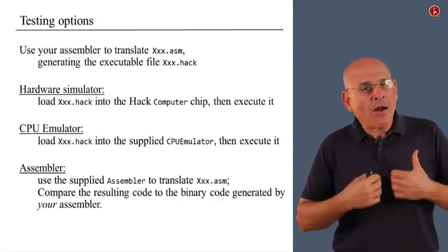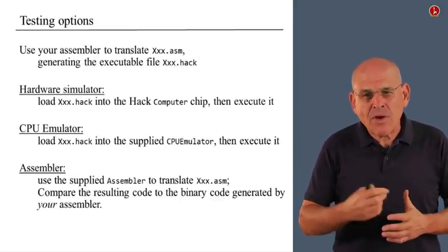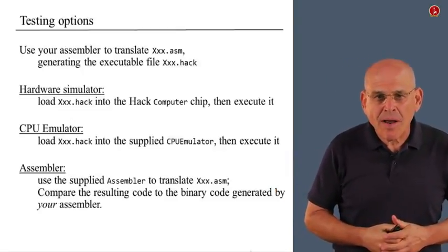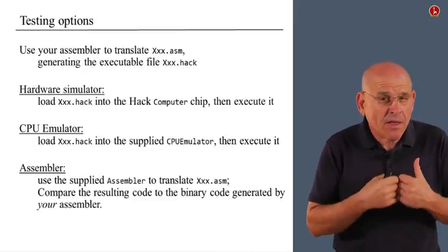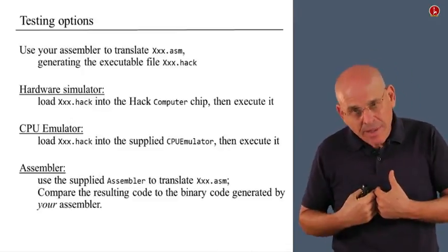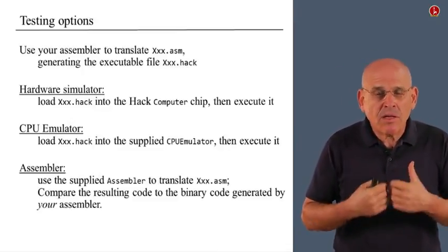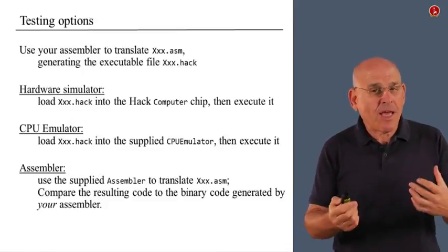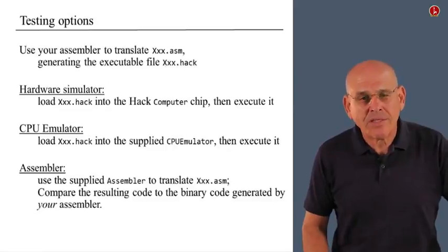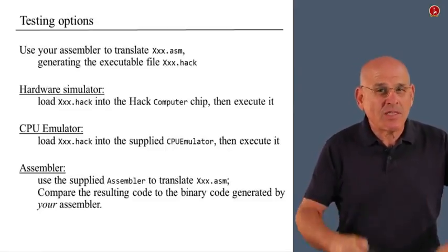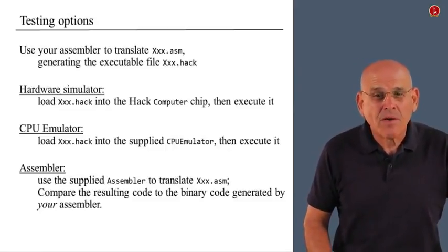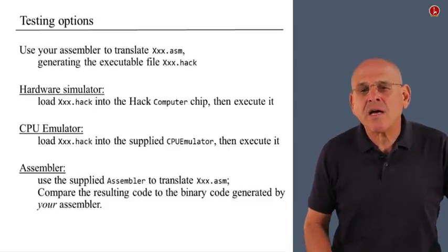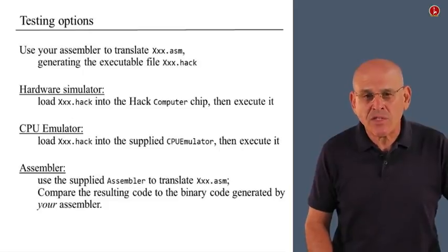And you can use our assembler to translate any one of the supplied ASM programs, and then you can compare the code that our assembler generated to the code that your assembler has generated. If the two codes are the same, then you know that your assembler is at least as good as ours, maybe better.